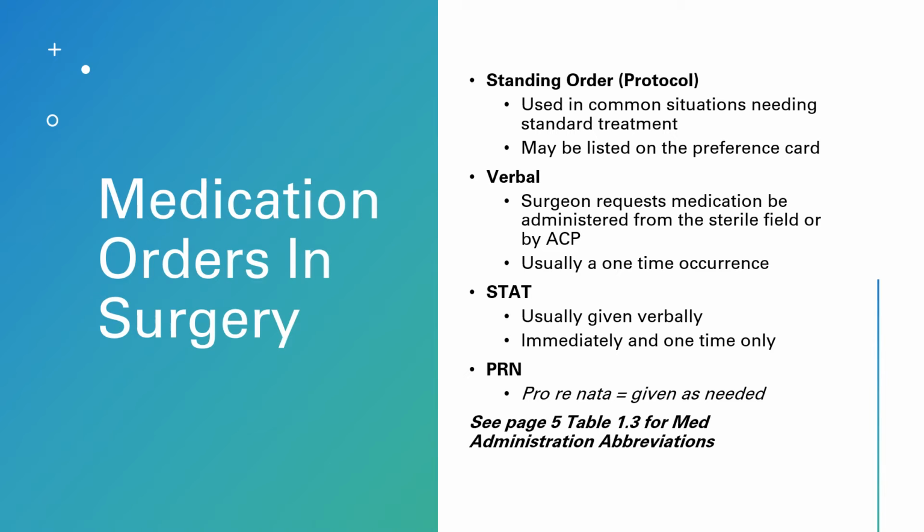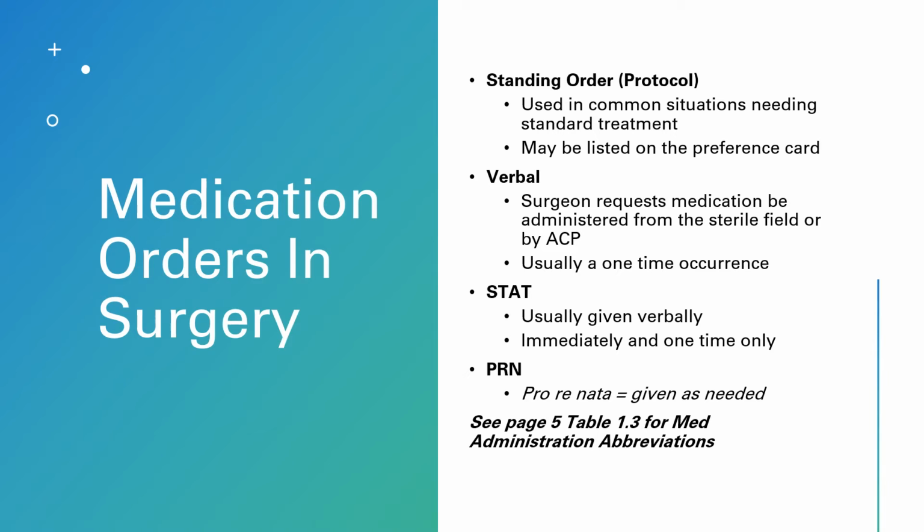Okay, so we have hospital orders as well. These are going to be on the floor. And the route of administration is also another abbreviation that will be used. Those are listed in table 1.4, which you can find on page 7.